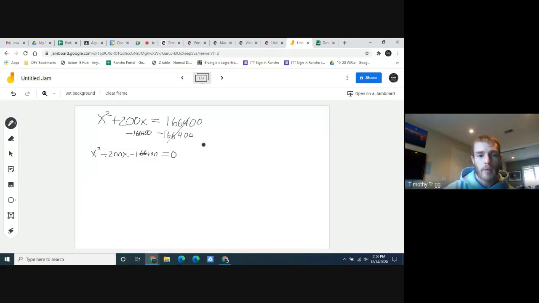So again, I'm going to write the quadratic formula over here so we're reminded. And if you don't have this thing memorized, you really should have it memorized. So negative b plus or minus the square root of b squared minus 4ac, and this will come up again in Algebra 2, all divided by 2a.